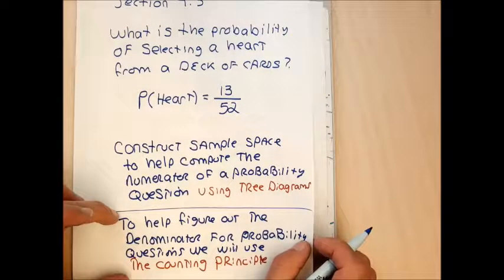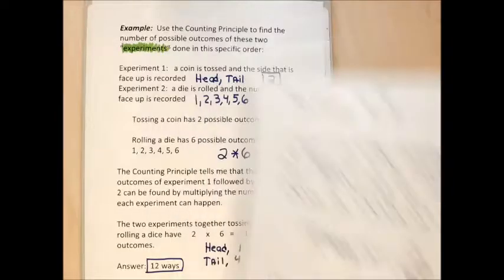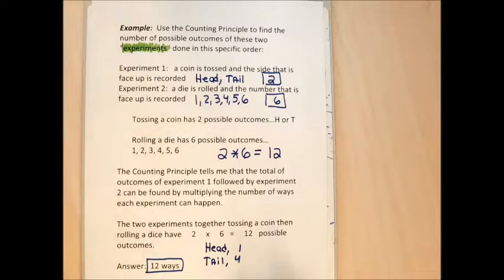The next thing I want to introduce is constructing the sample space, constructing all the possible outcomes for this probability experiment, and I'm going to do this using a tree diagram. A tree diagram is a way to organize multiple experiments to figure out all the different possible outcomes.